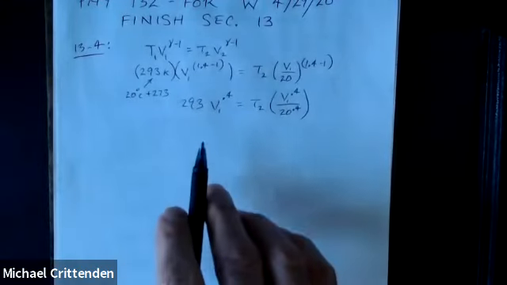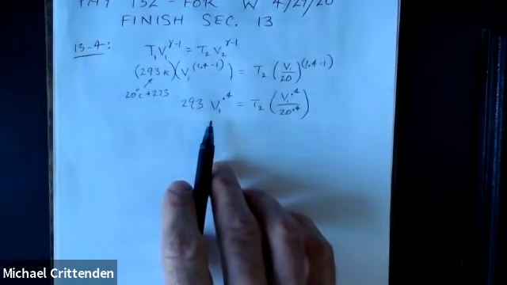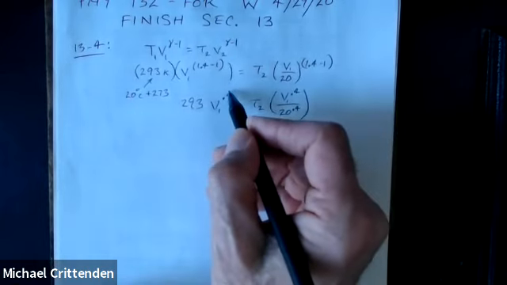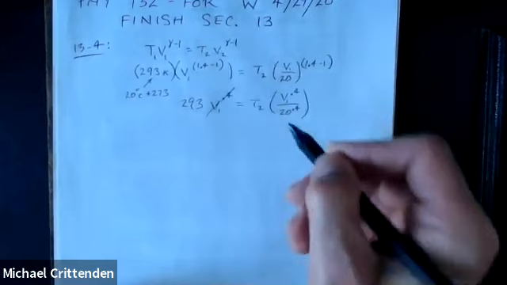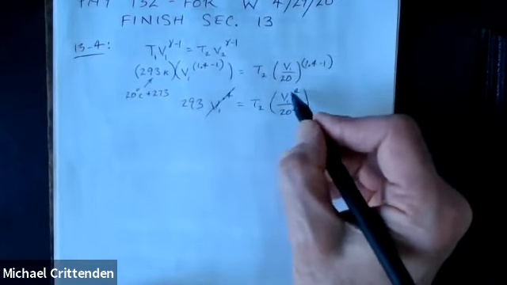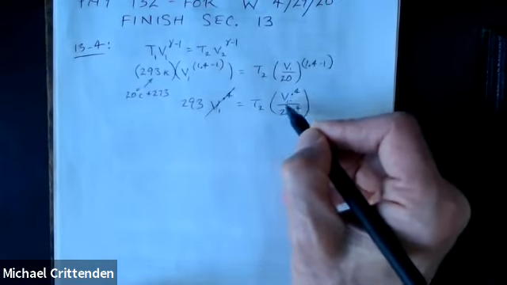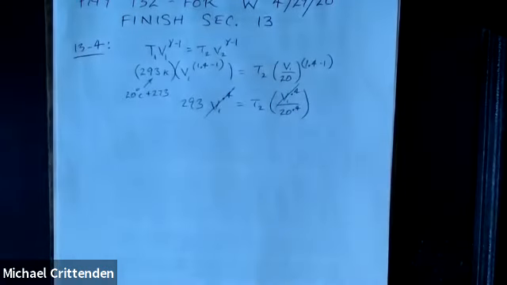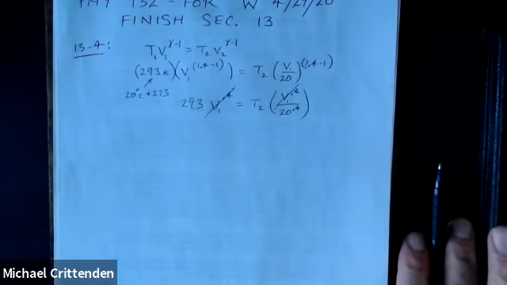And if you divide both sides of the equation by V1 to the 0.4, it drops out. So the answer is affected only by the ratio between the volumes.